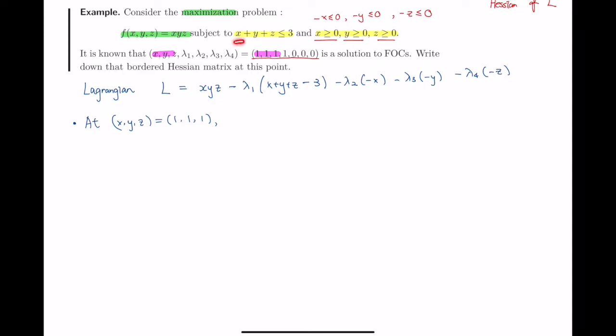If you look at these 4 constraints, which one is binding? With x, y, z equal to 1, 1, 1, x plus y plus z equals 3. So this one is binding. But for all these others, okay, these are not binding. So only the constraint x plus y plus z less than or equal to 3 is binding.